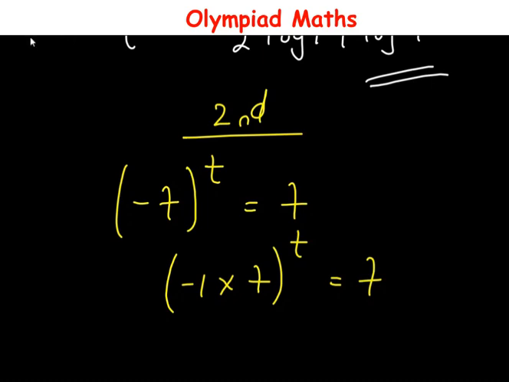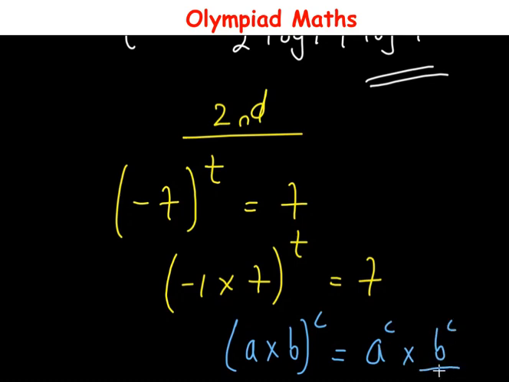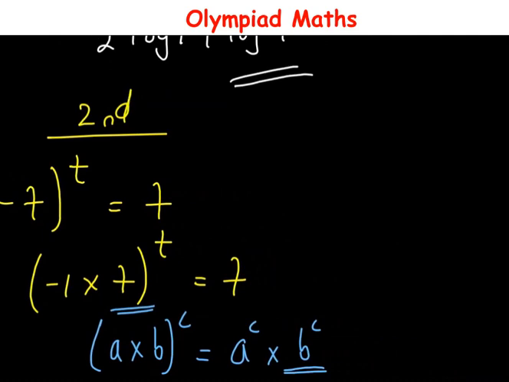If we apply this rule of indices, that (a times b) all raised to power c equals a raised to power c times b raised to power c, this becomes (-1) raised to power t times 7 raised to power t is equal to 7.